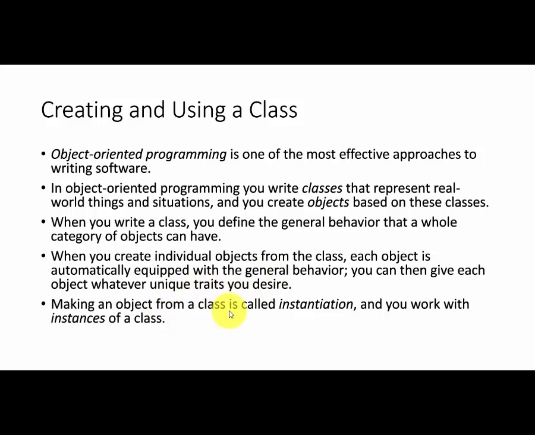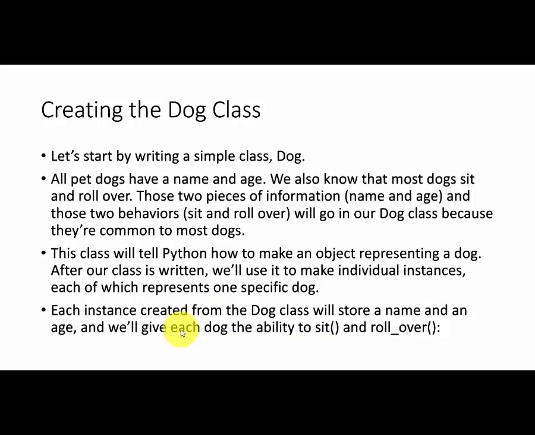Making an object from a class is called instantiation. You are aware of this concept, as you have studied Java programming fundamentals and the Java application software development course. In the same way you can create an instance and work with the instance of the class.